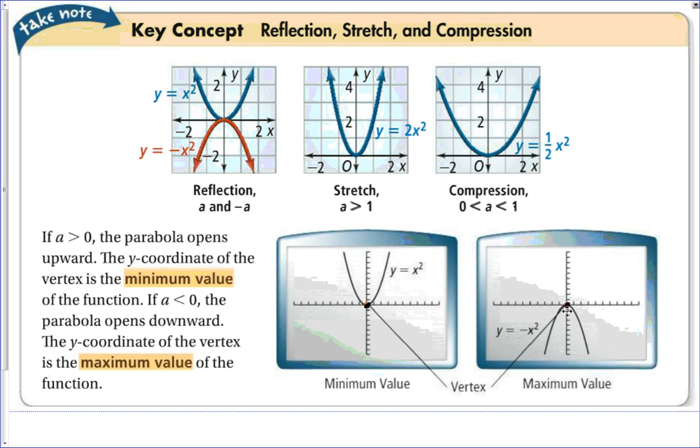So the y-coordinate of your vertex is now a maximum value. So if it opens up, the y-coordinate of the vertex is a minimum. If it opens down, the y-coordinate of the vertex is a maximum. Remember, a negative a opens down and creates a maximum. A positive a opens up and creates a minimum. Make sure you have that written down and you understand it.